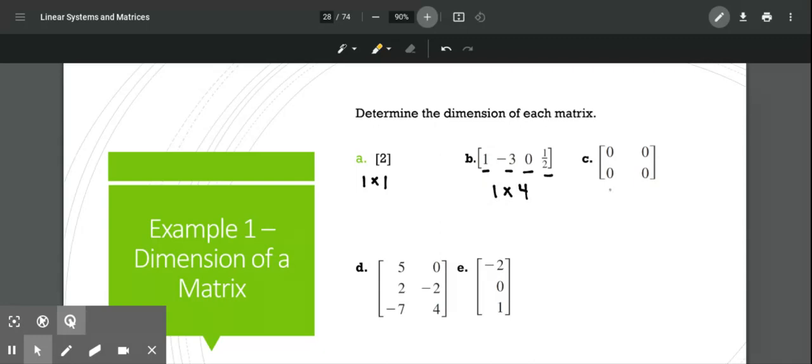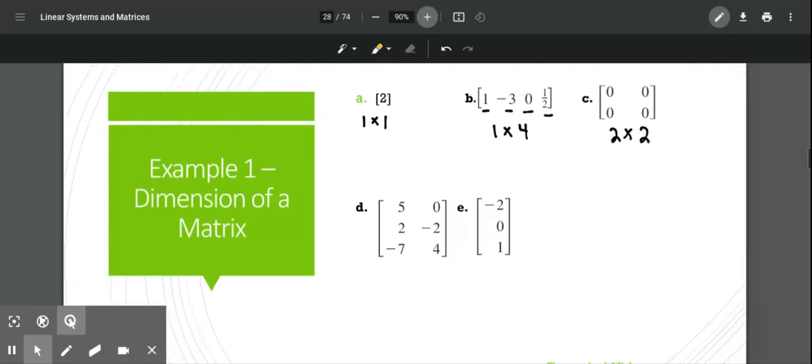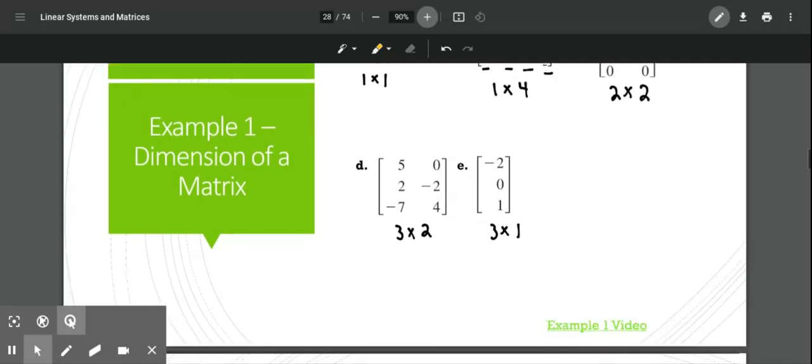In C, we have 2 rows and 2 columns, so we have a 2 by 2 matrix. In D, we have 3 rows and 2 columns. And in E, we have 3 rows and 1 column. So remember, your dimensions are always row by column.